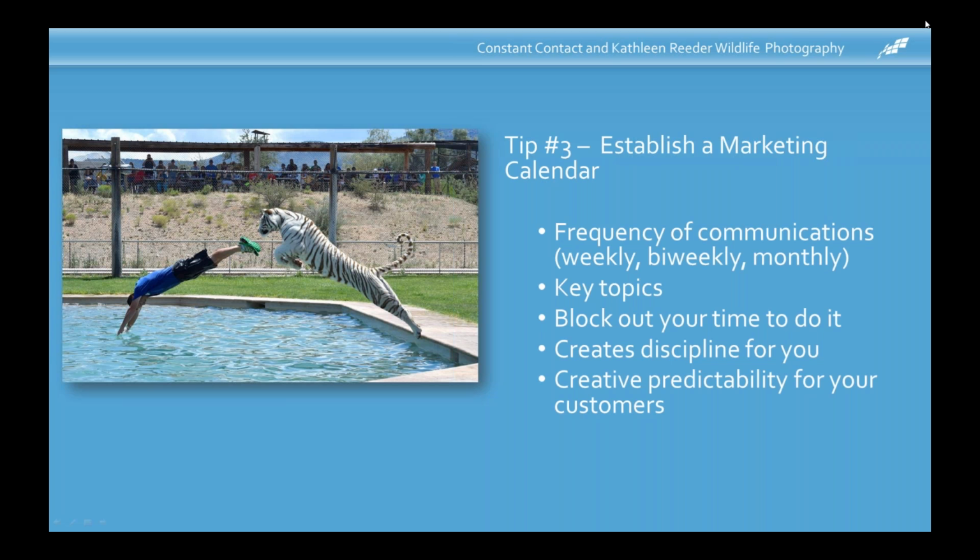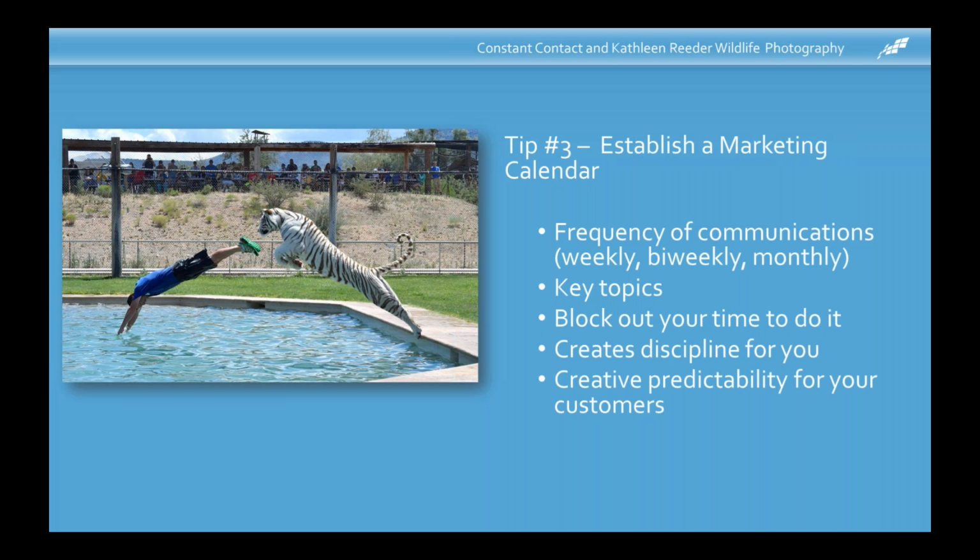One thing that's really important, and I have to admit it's a challenge for me too, is to establish a calendar, bi-weekly, monthly, weekly, whatever your rhythm is, but establish a calendar where it's predictable.